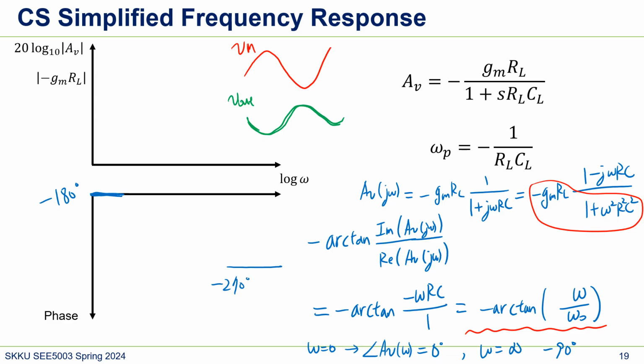And actually what happens at ωp is minus 45 degrees. So it looks like this. This part is 45 degrees. So this is our phase, and here this part is 90 degrees.